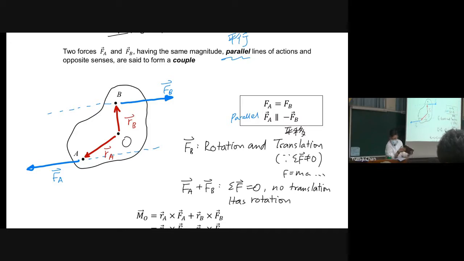Let's have a look. If we have one force to the right on the top and one force in the bottom to the left, of course we will have rotation. But because summation F is equal to 0, there is no translation.